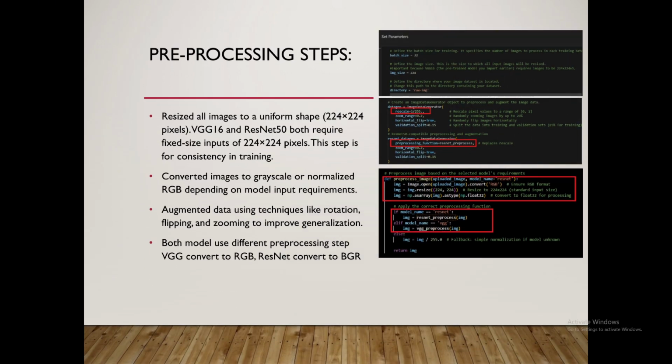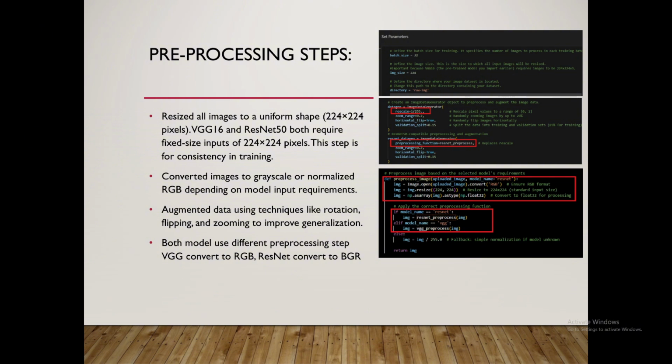For the pre-processing steps, we have attached 3 photos at the side. For the first one, we resize all images to a uniform shape, which is 224 times 224 pixels. VGG16 and ResNet50 both require a fixed-size input of 224 times 224 pixels.